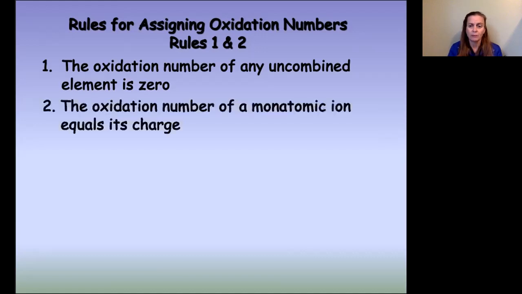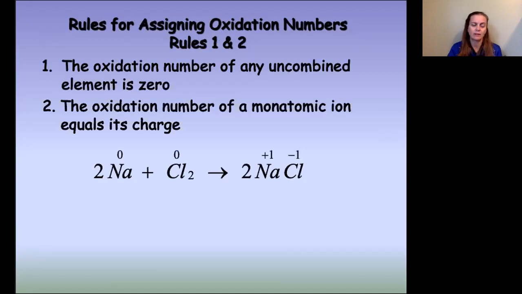And then our second rule, pretty easy, is that the oxidation number of a monatomic ion equals its charge. So when we look at sodium and chlorine here, they are both initially in their elemental forms, so they have oxidation numbers of 0. But in the sodium chloride compound, we know now that these are ions.